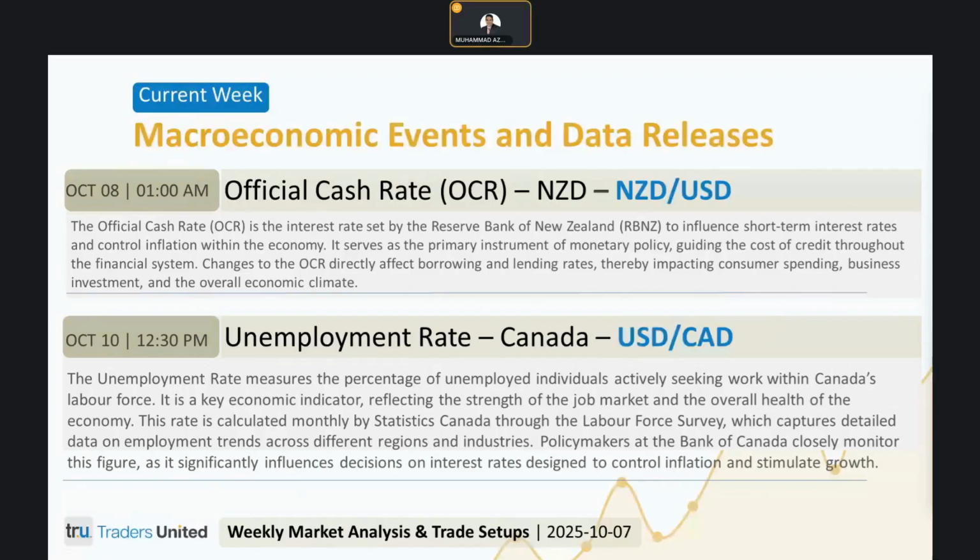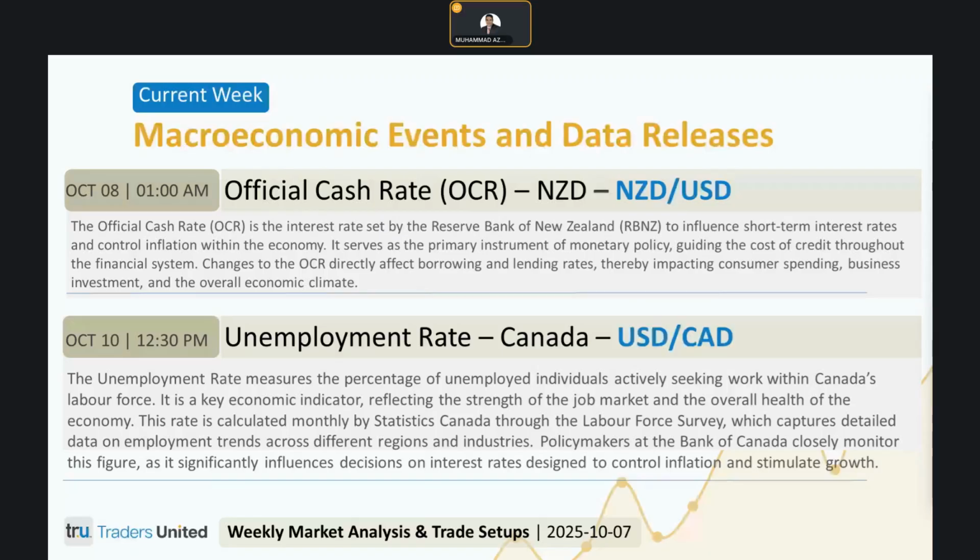So the potential market impact that you could expect on New Zealand dollar versus United States dollar is if the Reserve Bank of New Zealand is more dovish than expected, like for instance, we're expecting a 25 basis point cut. Instead of that, it actually cuts up to 50 basis points, or provides an explicit guidance for more rate cuts.